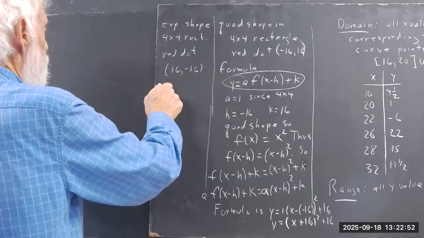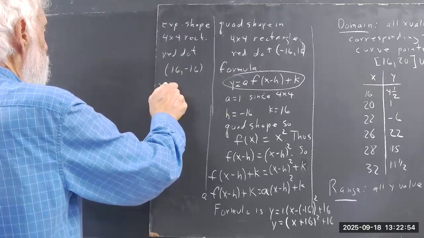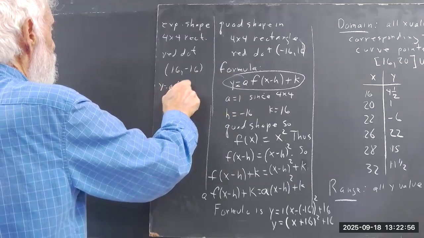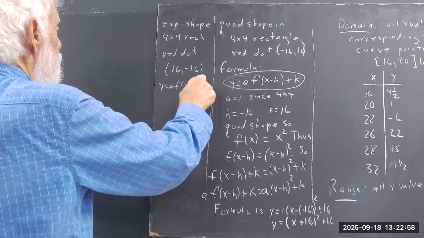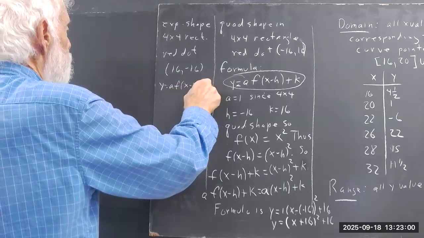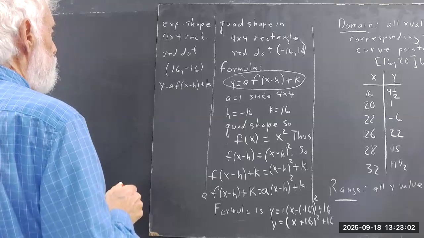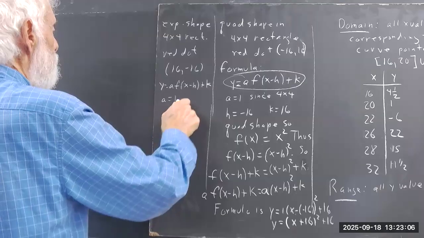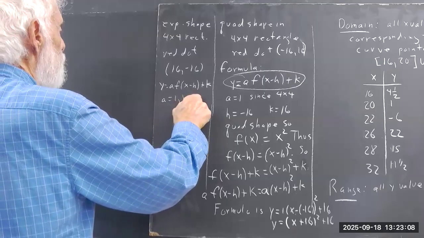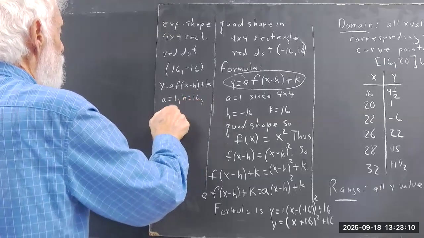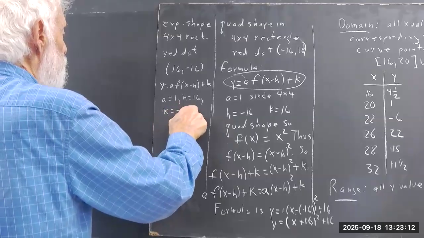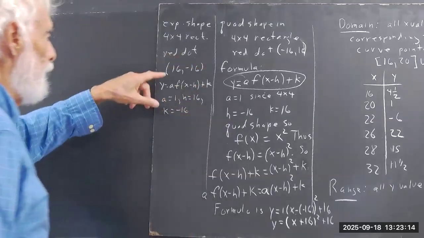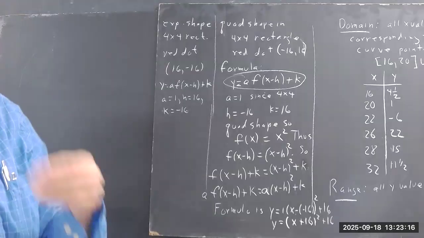Well, just mimicking what we have here. The formula is y equals a f of x minus h plus k. A equals 1. H equals 16. K equals negative 16 because you just look at the red dot. There's H and there's K.